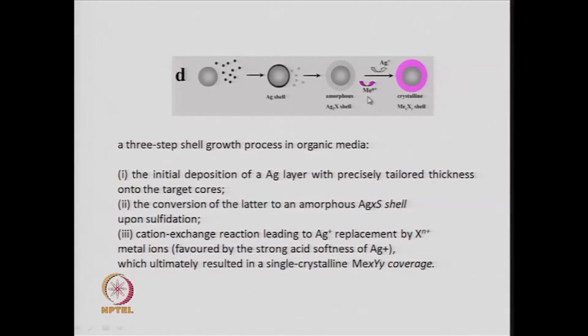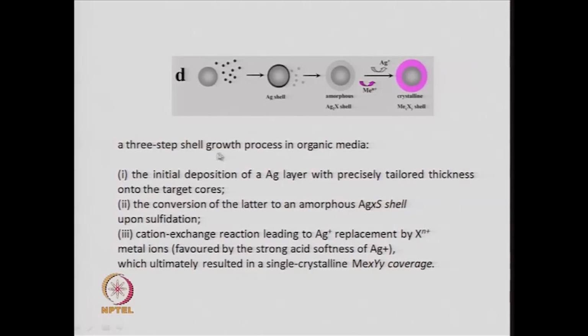So, you do some cation exchange on top of that, and you can remove the silver, and you will get this shell which is favored by the strong acid softness of silver plus. Then you can get this kind of coverage on top of the core.